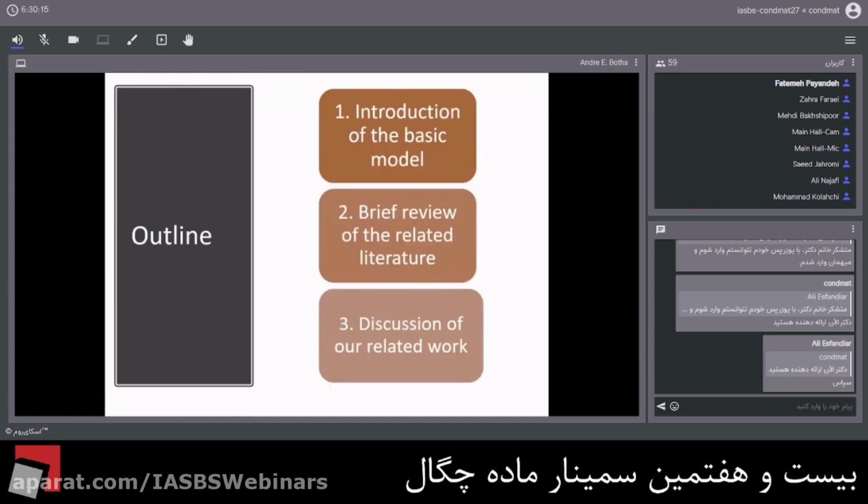So the three parts of the talk will be basically an introduction of the basic model of the Josephson junction neuron, and I'll spend some time explaining in detail how it works, because that will help to understand the next section, where I will be reviewing the literature that exists.